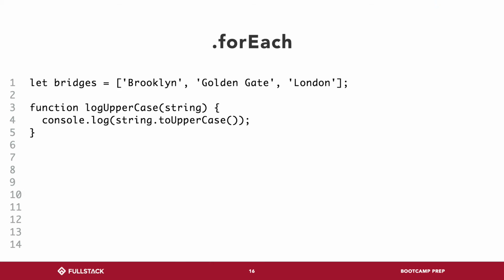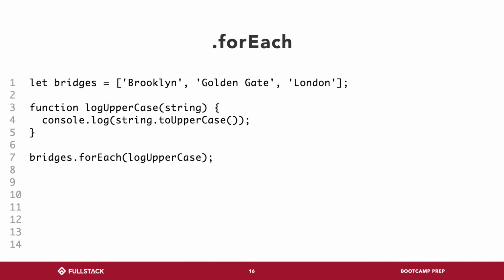So here we're saying, this is similar to that other example where it was like button dot onClick do this on click. So bridges is an array, and that array has a method that takes a function. forEach is a function, but it takes a function as its parameter.